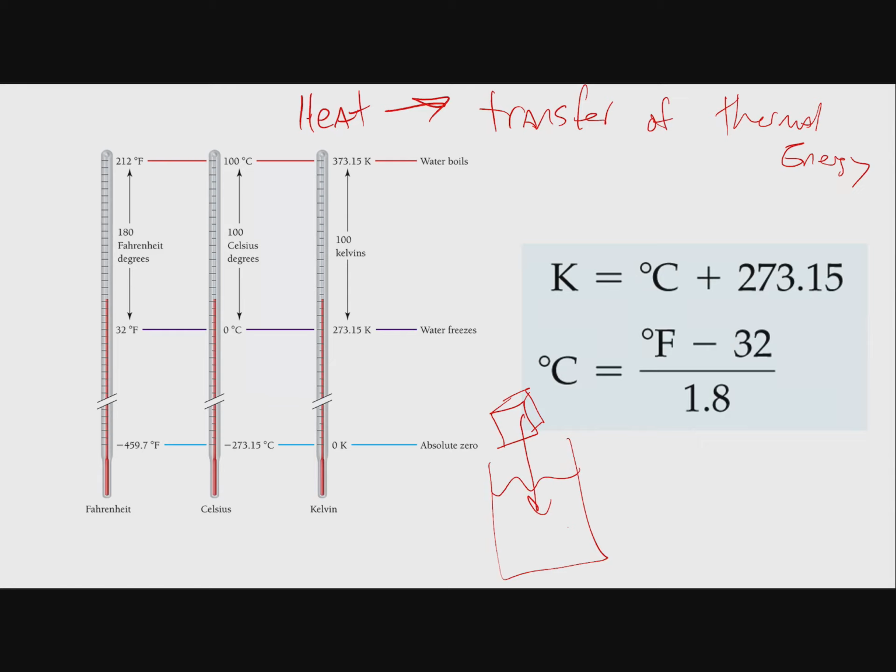Which way does the heat go? The heat always transfers from high to low. So warm water is going to start sending its heat towards the ice. As the ice molecules, the solid, gain that heat energy, they're going to start to vibrate a little bit more and become liquid, and they're going to be able to move past each other, and that's what melting is.